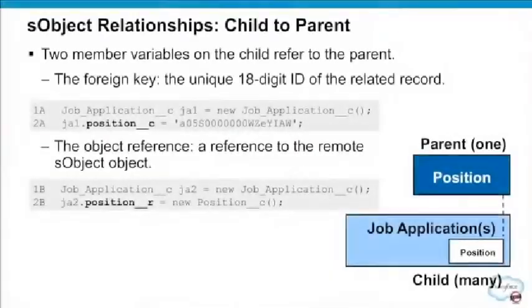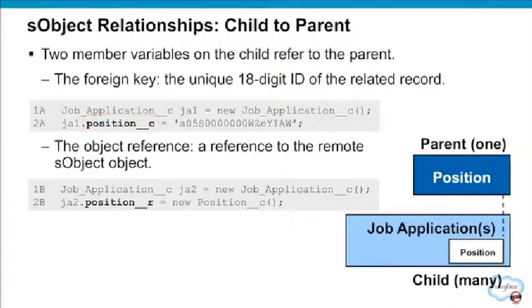So for instance, in the job application table, in this case we're doing job application to position, I have a field called position__c, and that field holds the ID of the related position. It's classic primary key, foreign key types of relationships.